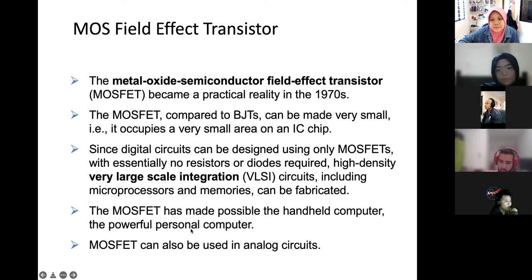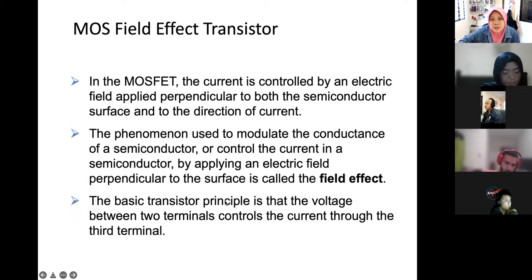MOSFET can be used in both digital and analog, similar to BJT. It can work as an amplifier. It can also work as a switch, on off, digital. So the difference is how it works.